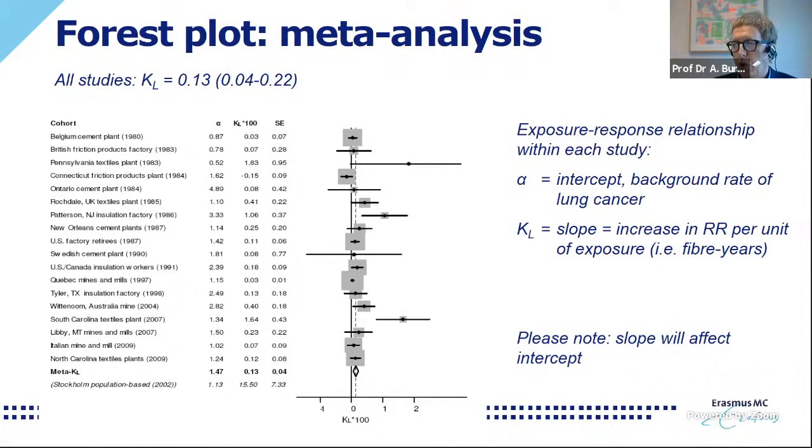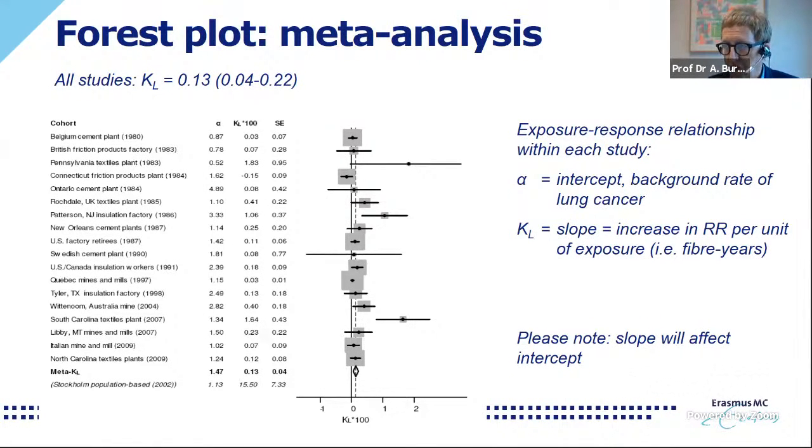And if you go through all the studies, you see the results. Most of them are actually not statistically significant. And you do a pooled analysis. And then luckily you have a slope of 0.13 and a standard error that is very small. So here we have a significant association. The pooled result is statistically significant.